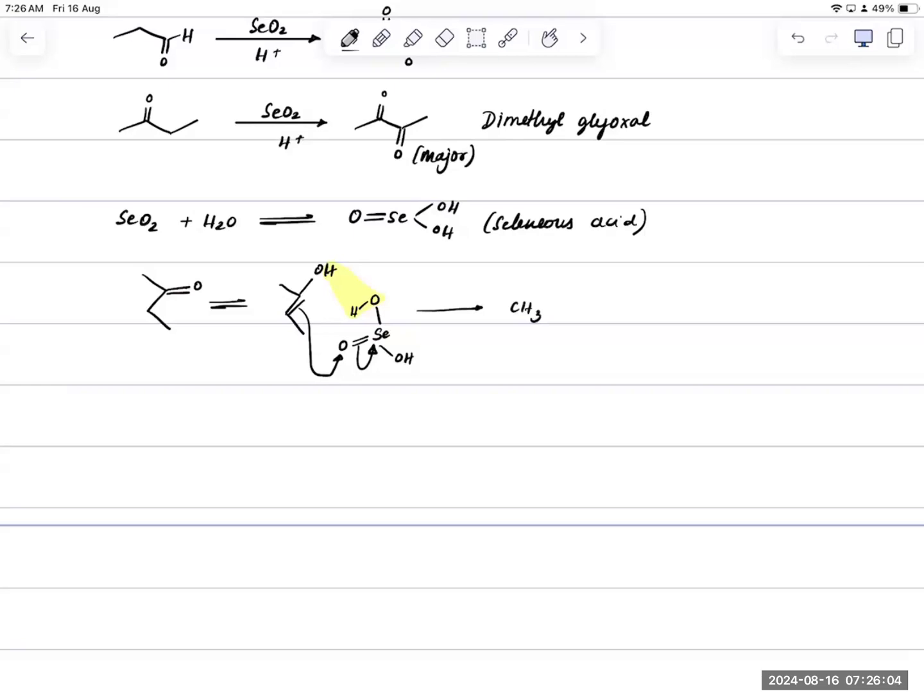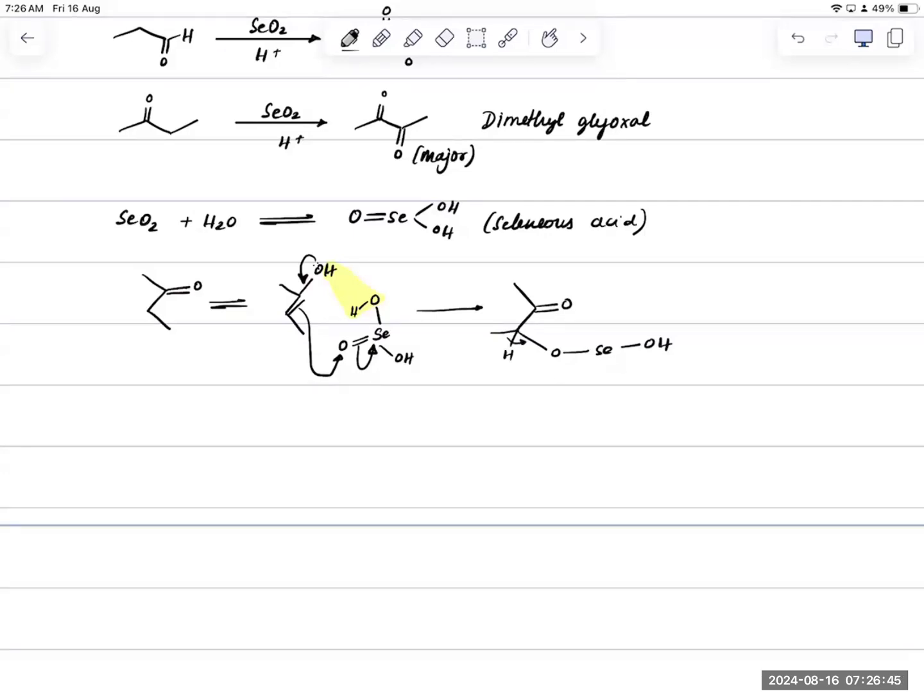CH3. Again, as soon as this happens, this bond will close because it has to make a double bond again. So I can expect this to convert into a double bond O, with this carbon now having a connection with oxygen, with selenium having a single bond OH. And now from here the migration will take place. This H plus will be lost to make a double bond here.